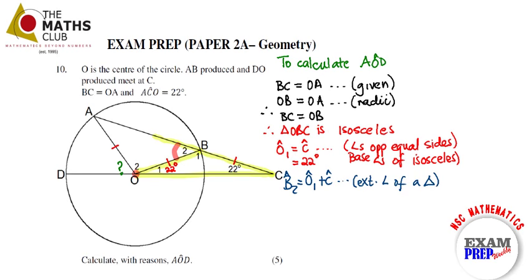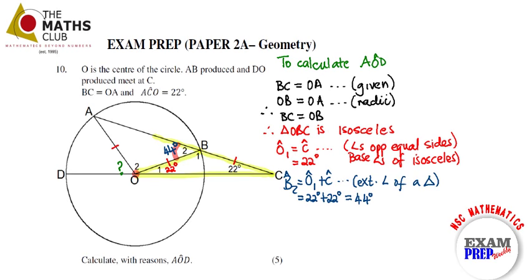And once I've got this, of course, I know that these are each equal to 22 degrees. So this will be 22 plus 22 degrees, which is equal to 44 degrees. And I'm going to go to the diagram and write this 44 degrees so that as I continue, I know and remember that this is equal to 44 degrees.